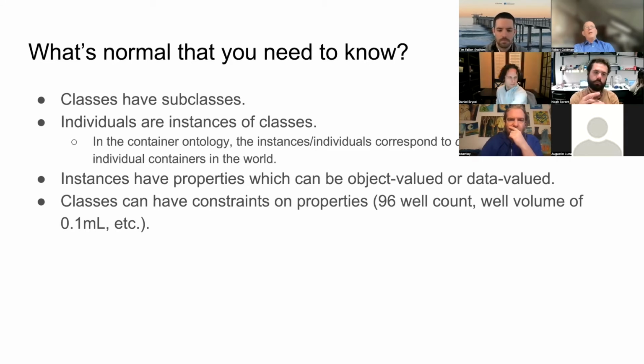Okay. Instances have, just like in most schemes, instances have properties. A slightly oddball thing is that there are two kinds of properties in OWL. One is a property that has an object as a value, and the other is a property that has a primitive data item like a string or a number.